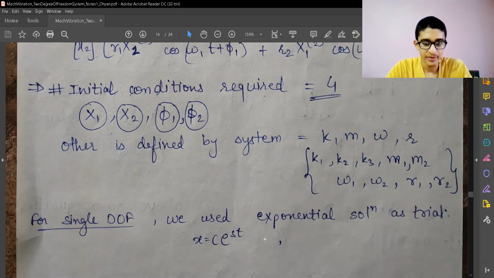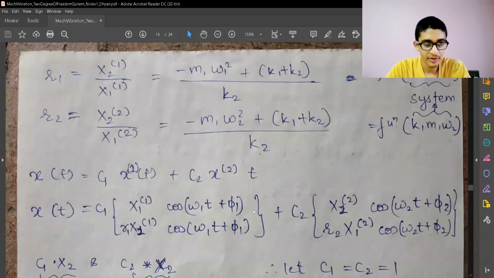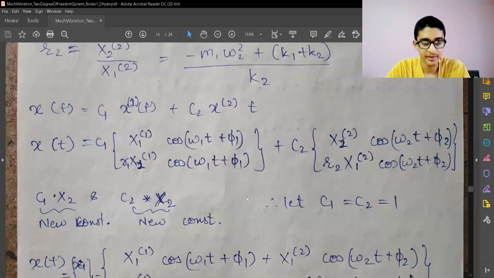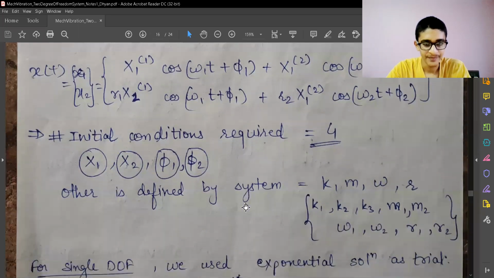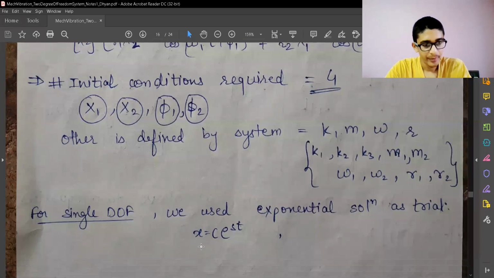So earlier we assumed a normal mode solution first, and then we used a linear combination of these normal mode solutions to get the free vibration response. This is a newer approach to us.